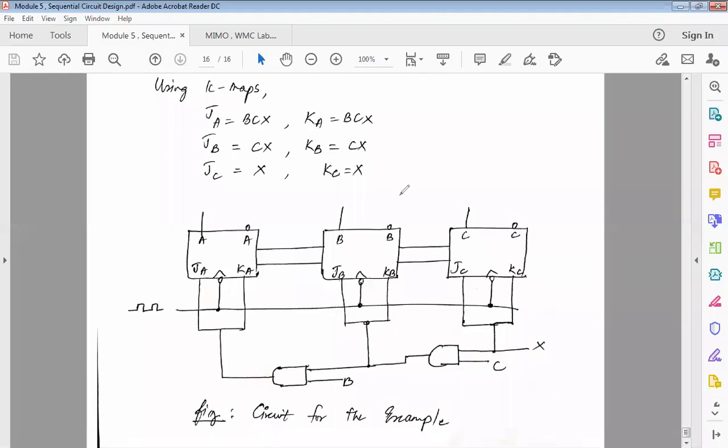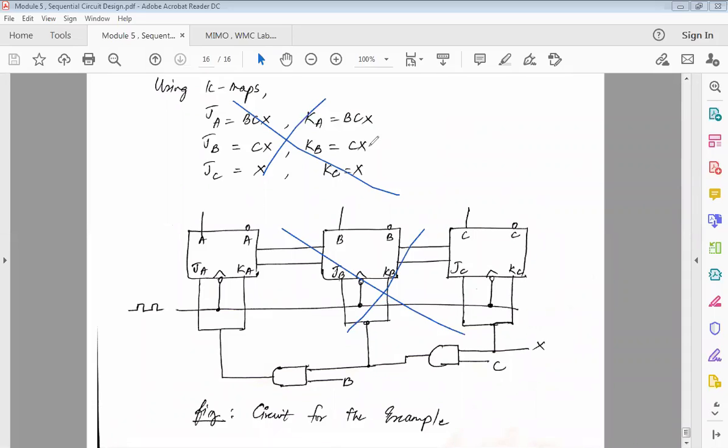If these equations go wrong, then of course your circuit also will go wrong. Many of you during your exams will say, sir, I have attended the question and I should be getting full marks, or a little bit higher marks. But that doesn't happen because somewhere you would have made some minute mistake.